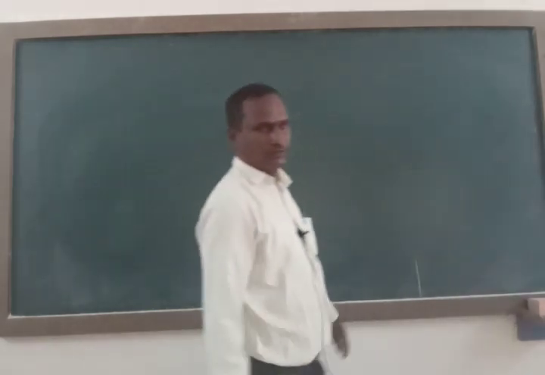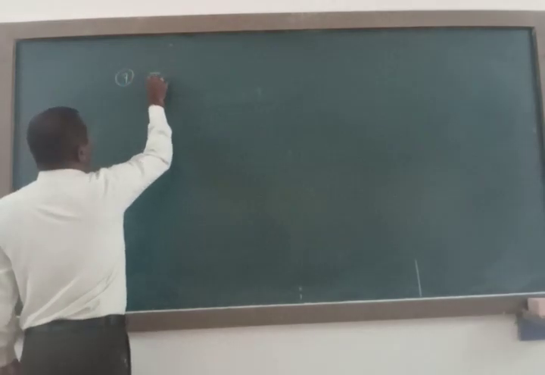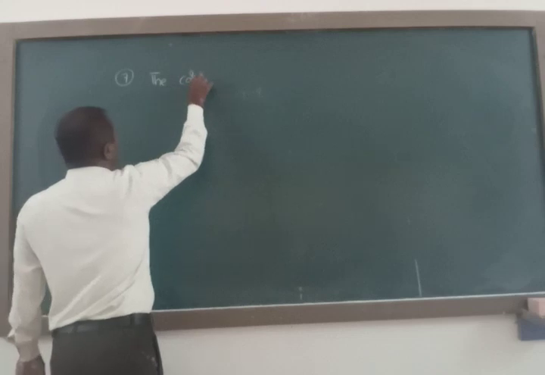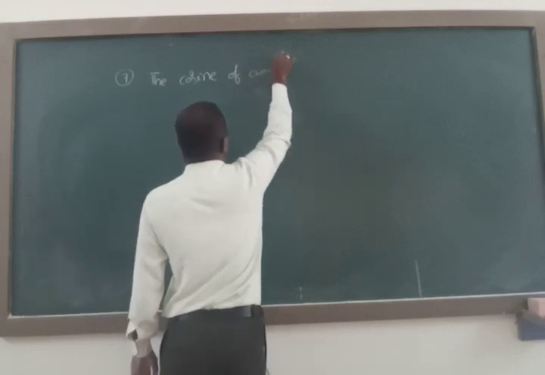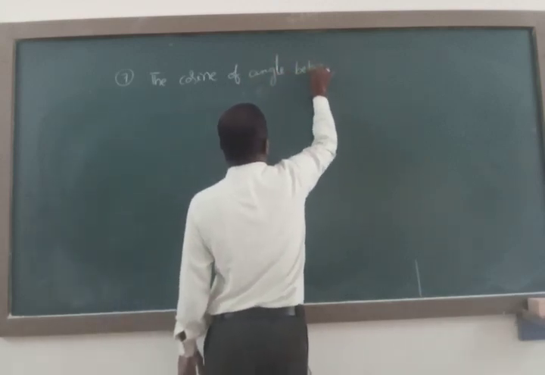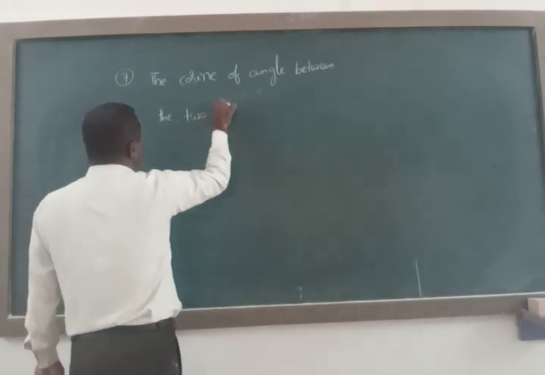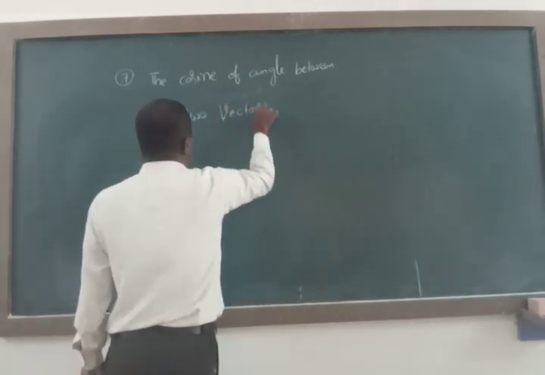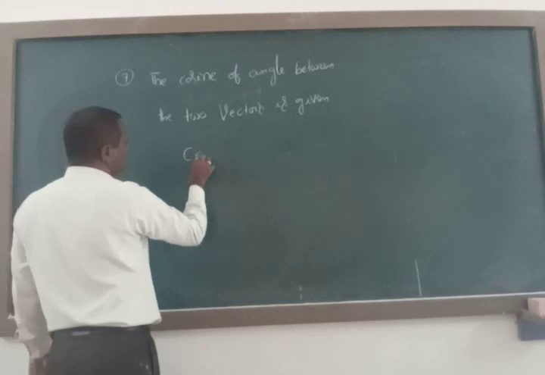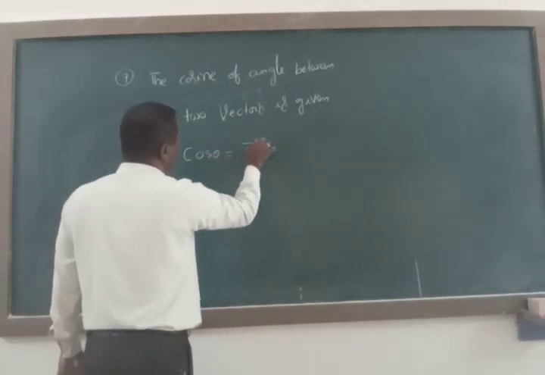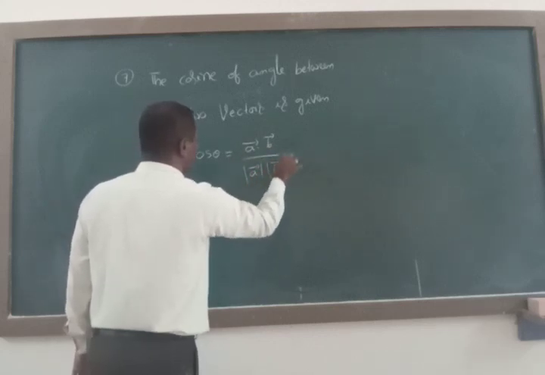The seventh point is the cosine of the angle between the two vectors, which is given by cos theta is equal to A bar dot B bar whole divided by magnitude of A bar and magnitude of B bar.